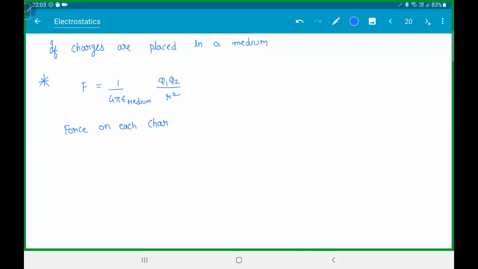There's a big difference between the two. I'll tell you. When you say this epsilon medium, this is nothing but epsilon R into epsilon naught. Epsilon R is called relative permittivity.